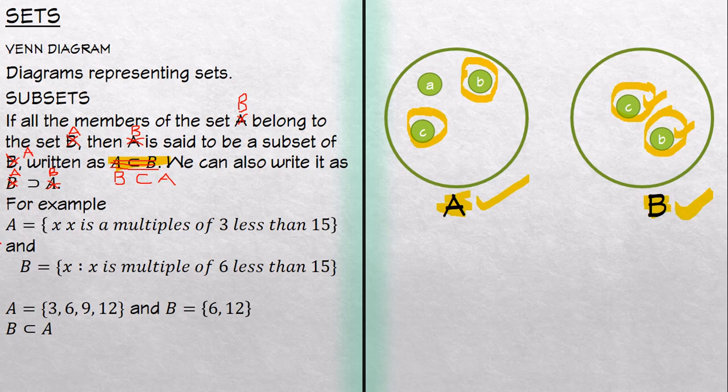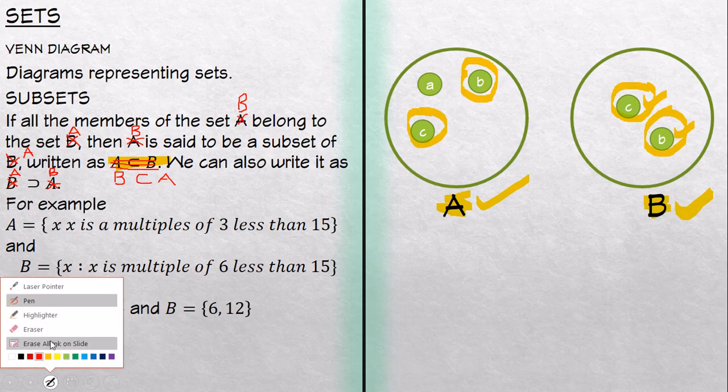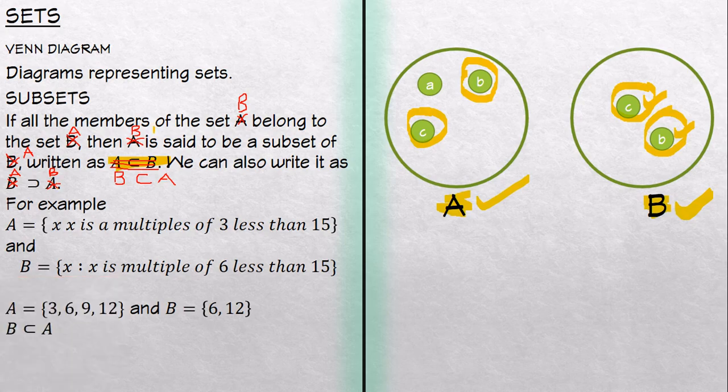Okay, so by the definition, it says that if all the members of the set B, so this one it is B, if all the elements of the set B belong to the set A, just like what we have in the diagram over here, then B is said to be a subset of A, and it is written as B, then the subset sign, then A. Or you can also decide to write it as A, then use this.